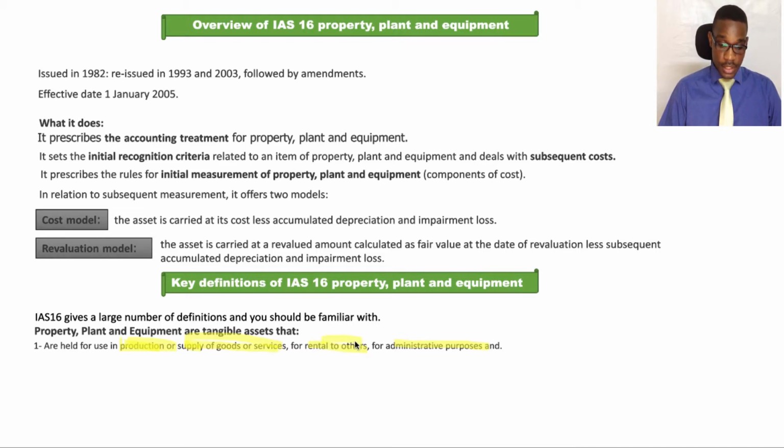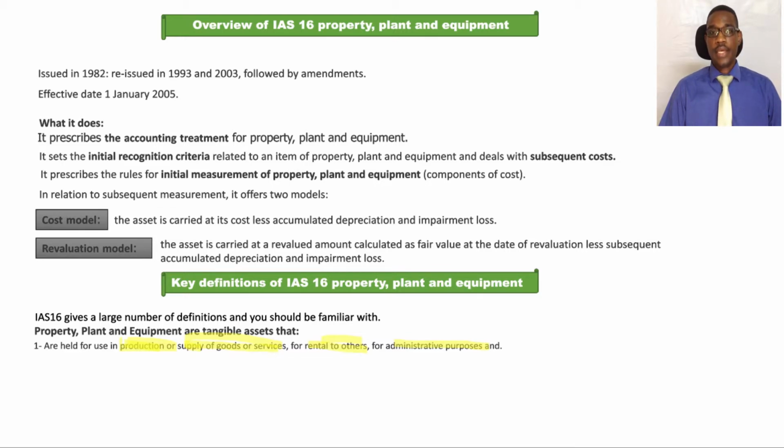Or rental to others. You might have a building or part of the office, and you need to rent this office, which is classified as a fixed asset, to others. Or for the administrative purpose.